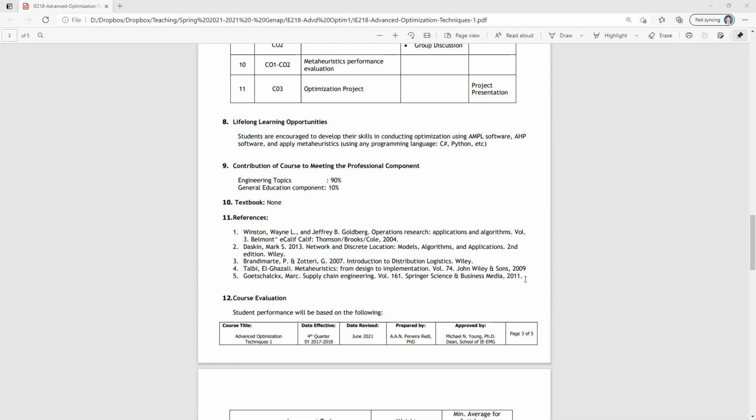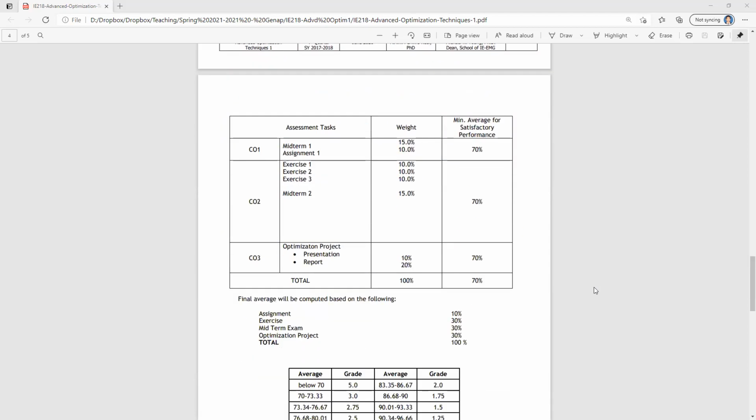Okay, the assessment will be comprised of one midterm, one assignment, and 3 exercises. The exercises mostly will be conducted online during the class delivery, and one optimization project, as I mentioned earlier.